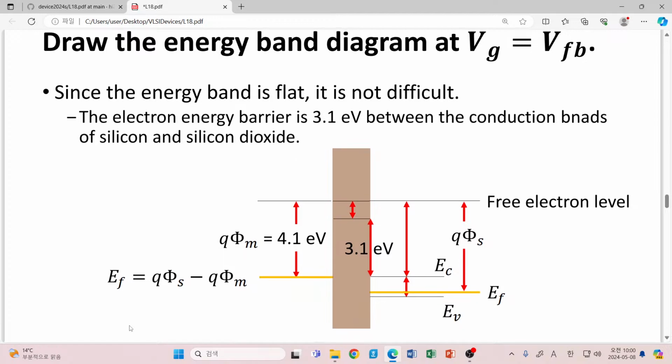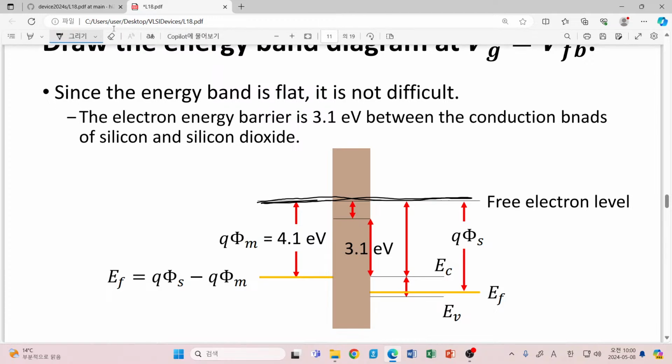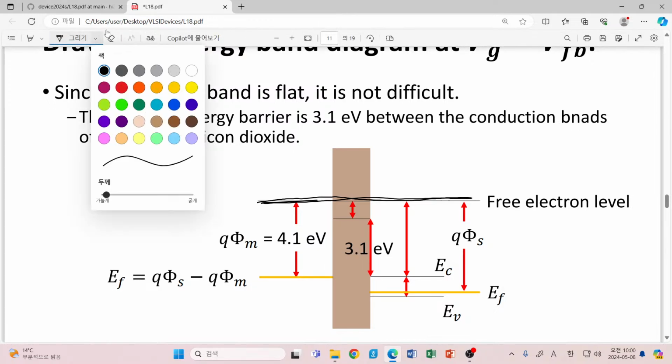As I told you before, here we have a completely straight line, so this one is really continuous. However, let me draw other quantities with a different color.